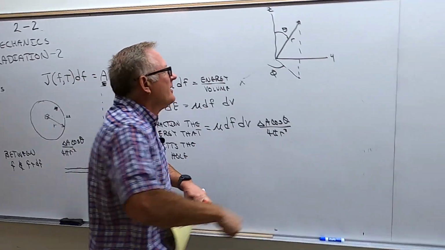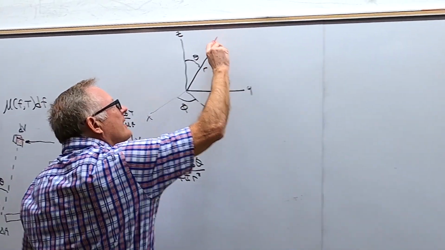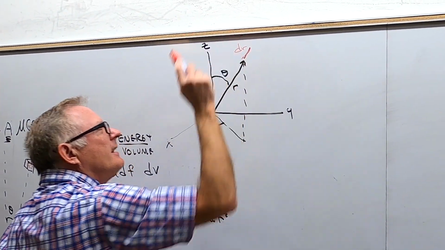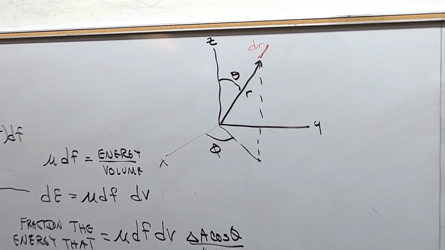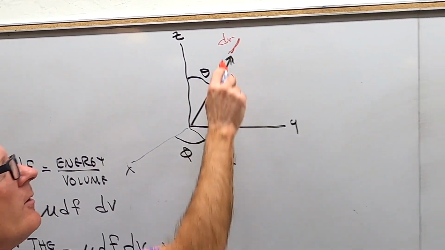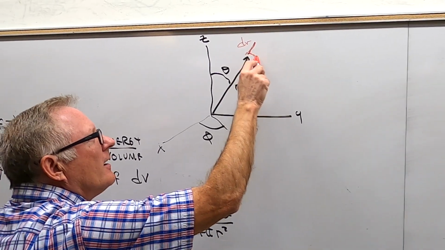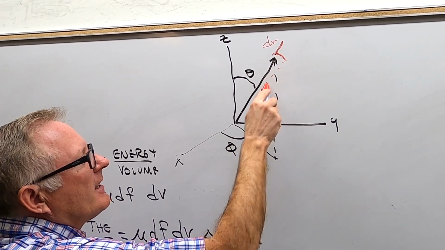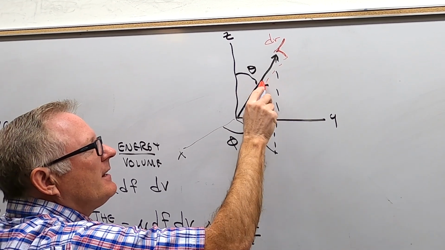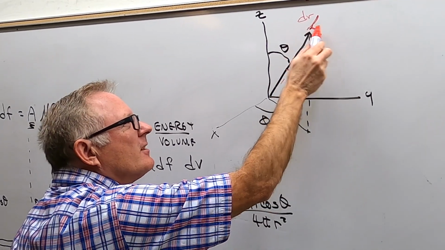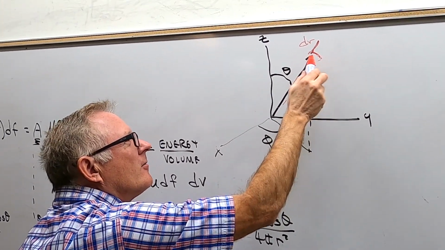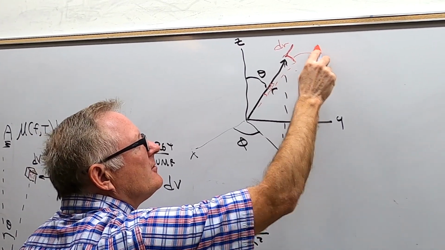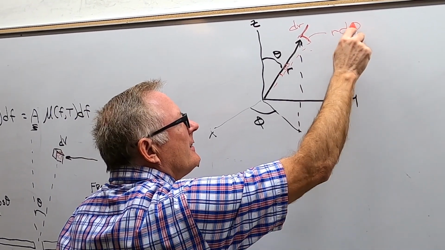This dimension right there, if that's r, would be dr. Then we have a little dimension this way. Well, if this is theta going down to here, this little angle would be d theta, and so this arc length would just be r d theta. So this dimension is r d theta.